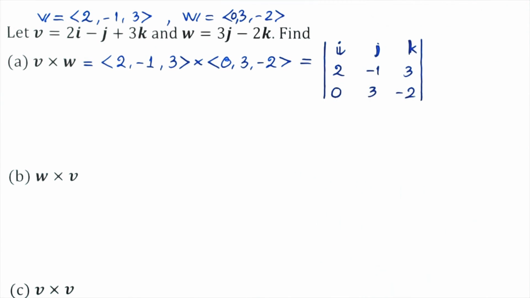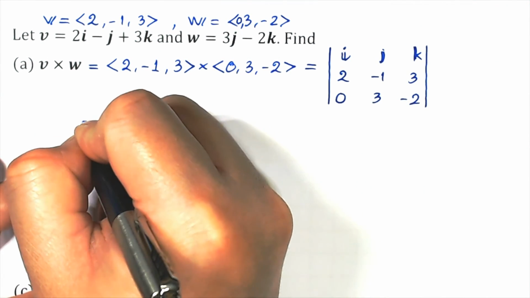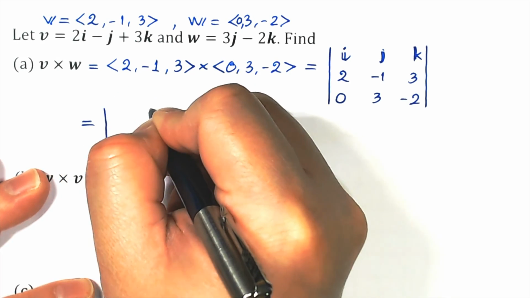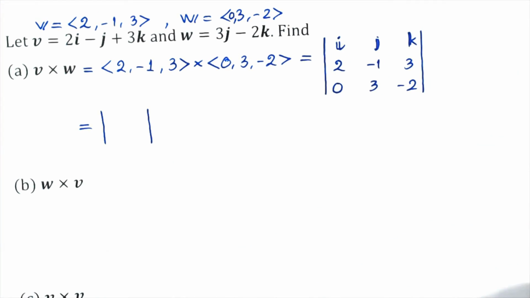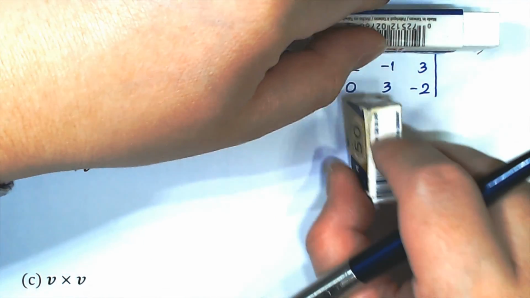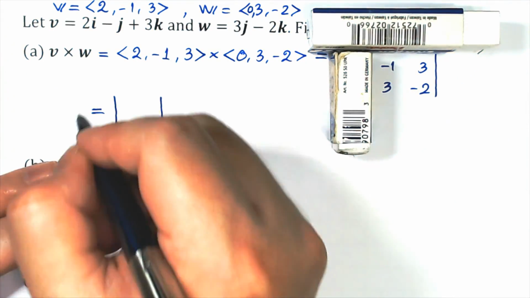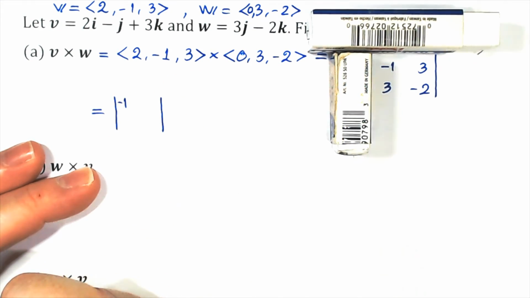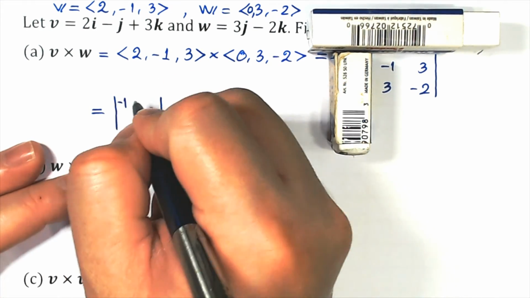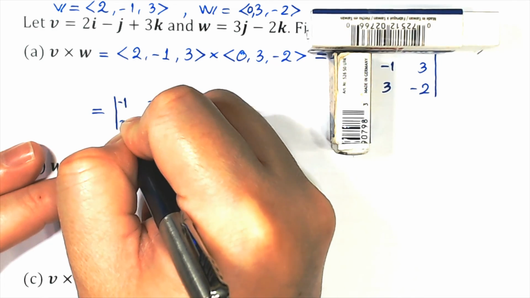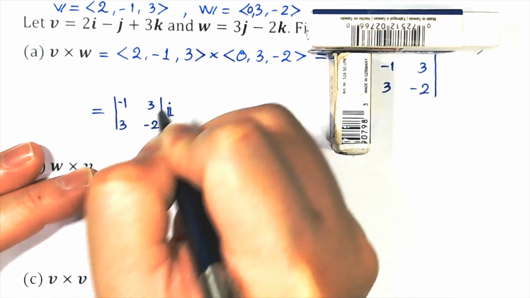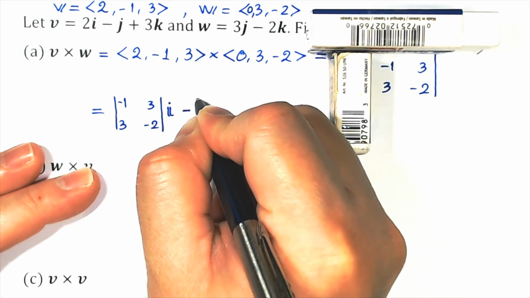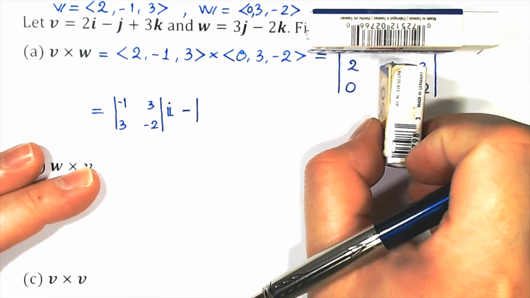Now, corresponding to i, we're going to cover the i component, and we have negative 1 and 3, and 3 and negative 2. That's for the i component, and then minus for the j component.